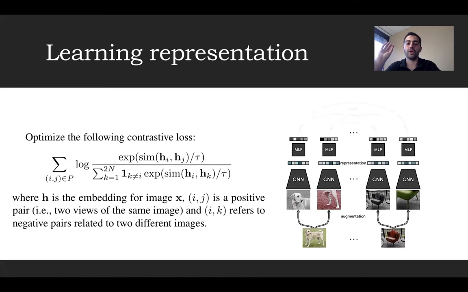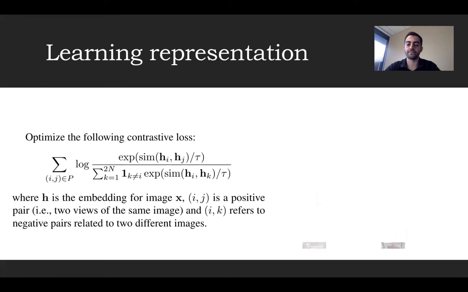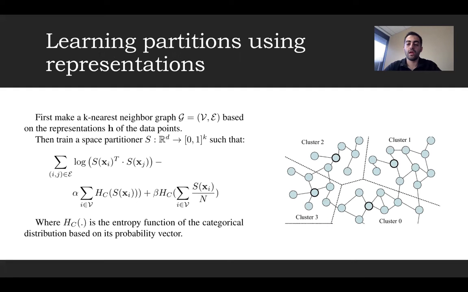This has shown huge success recently in computer vision. After we learn the representation, we make a k-nearest neighbor graph in that representation space, and we put the nodes or images that are close to each other in the same partition as much as possible.